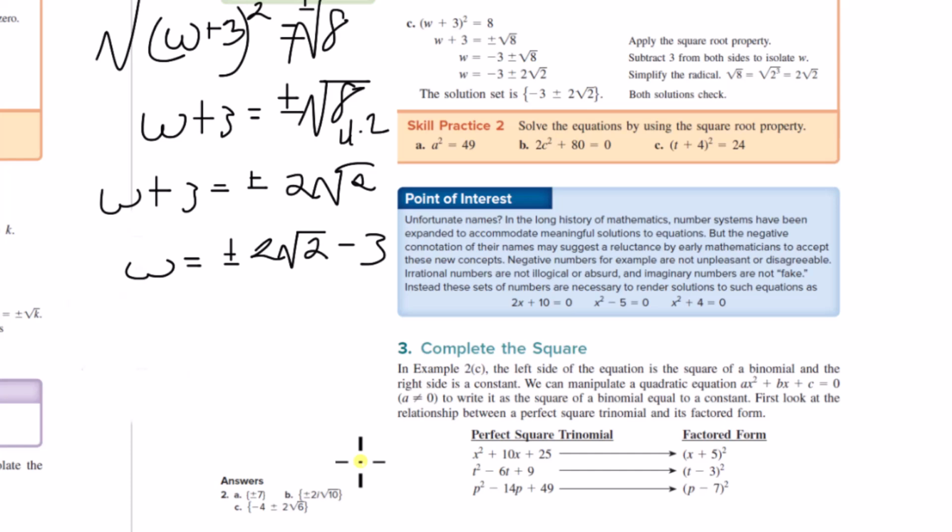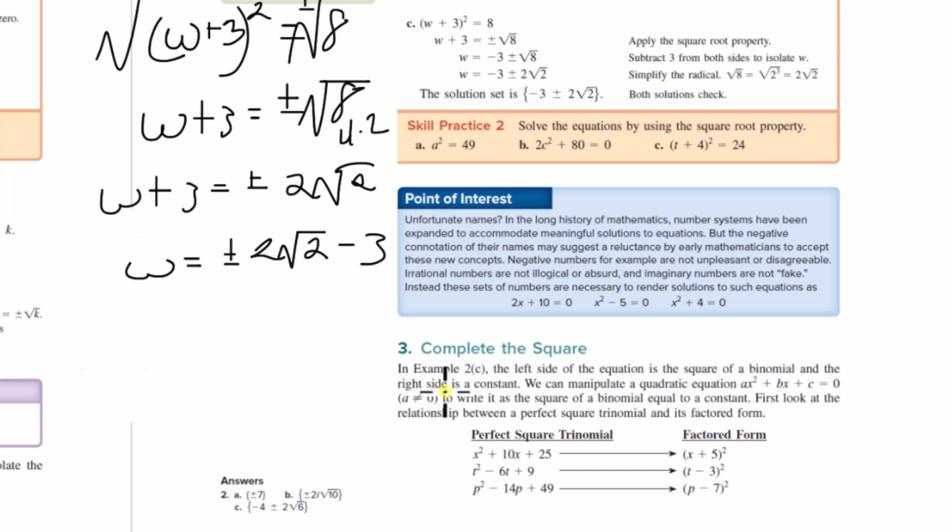Now we're going to use the square root property. However, as you can see, we can only solve these simpler quadratic equations that don't have any linear component. So how can we use the square root property to solve any quadratic equation? That's what we need to first learn about completing the square.